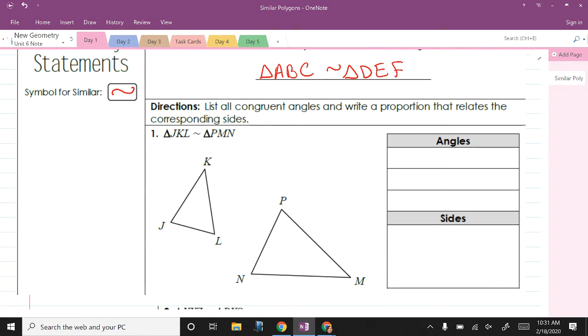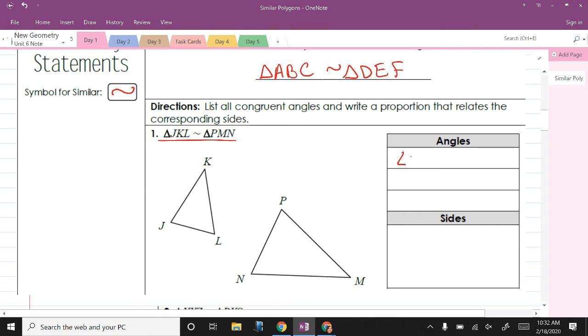Okay. This number 1 right here says list all congruent angles and write a proportion that relates the corresponding sides. Do you see how they did a similarity statement at the very front? Y'all see that similarity statement? That is key. That is more important than the picture. That is going to be more helpful than a picture anytime you see a similarity statement.